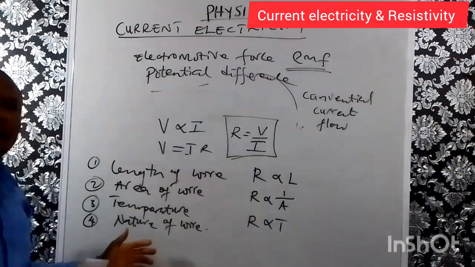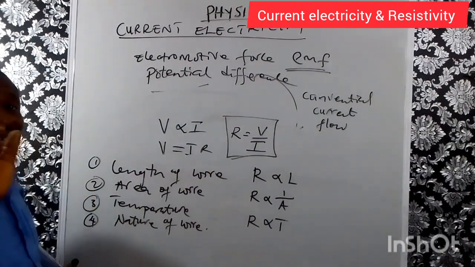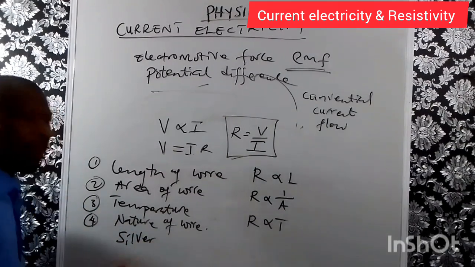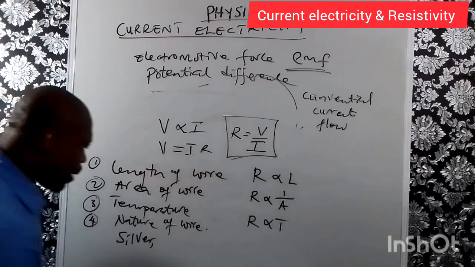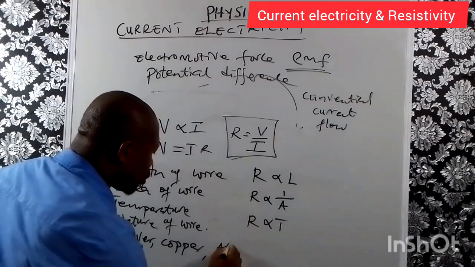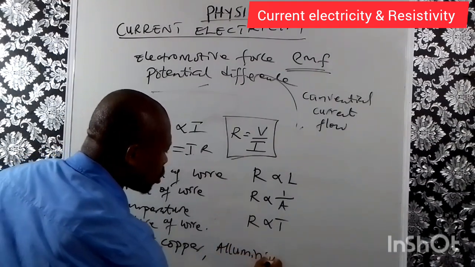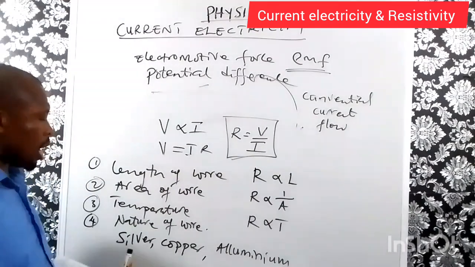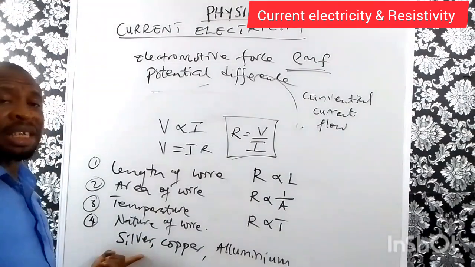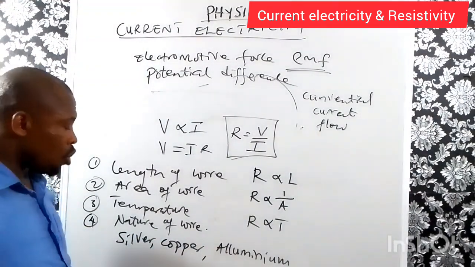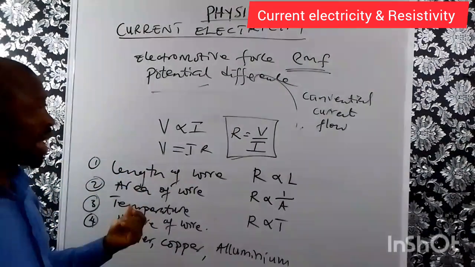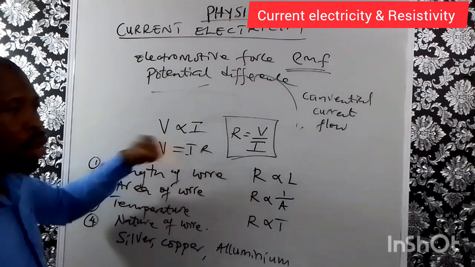Now, for nature of material, we say that the best wiring material is silver, followed by copper, and then aluminium. Each of these has its own working principle, but silver is the best, followed by copper and aluminium. So if these factors are kept constant, this law will be obeyed.